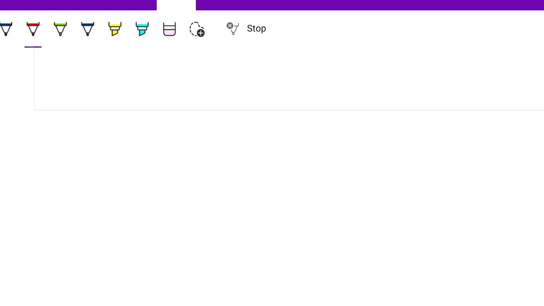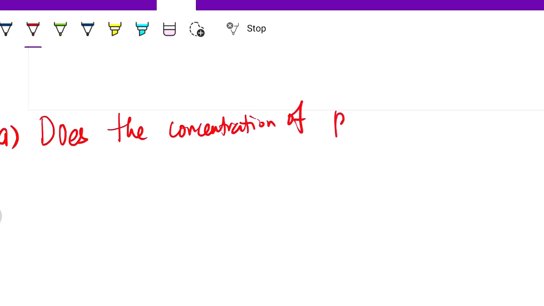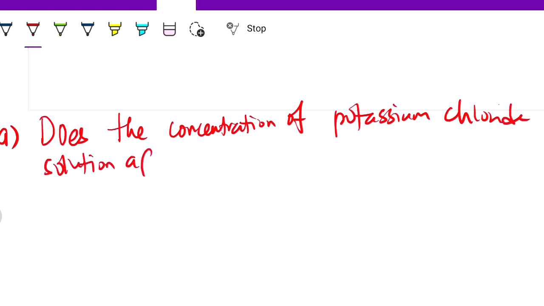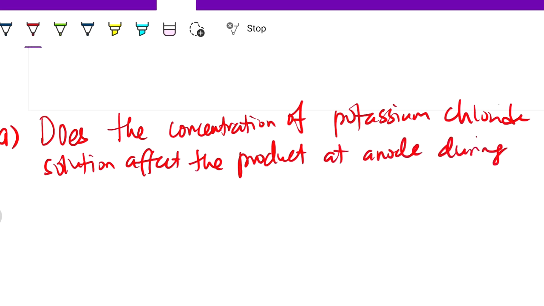First one, the problem statement: does the concentration of potassium chloride solution affect the products at the anode during electrolysis? It asks a question.